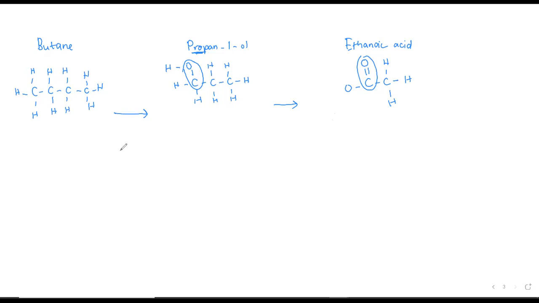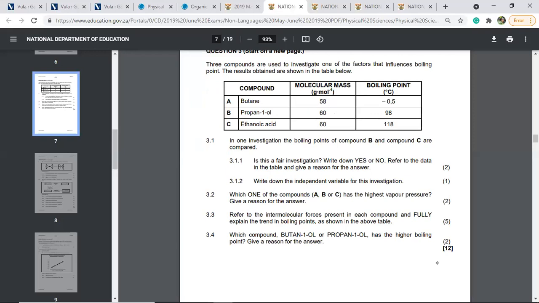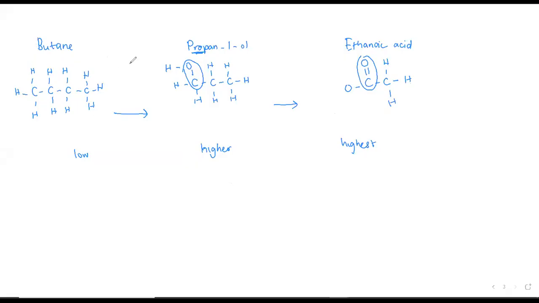So what this means is that the boiling point will go from low, let's go from higher, and this one will be the highest. And so our question was asking us to explain the trend in the boiling points. So if we are to explain the trend as we go from butane to propanol, to ethanoic acid, the strength of the intermolecular forces increases.